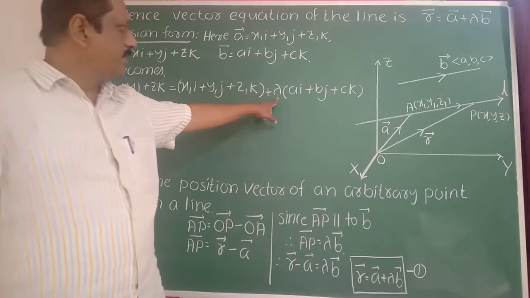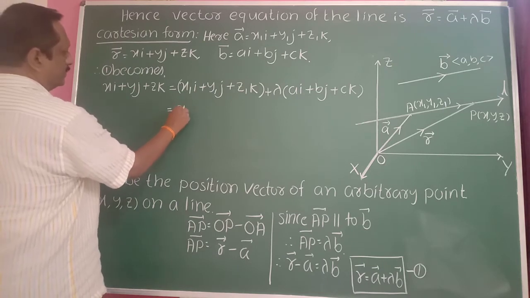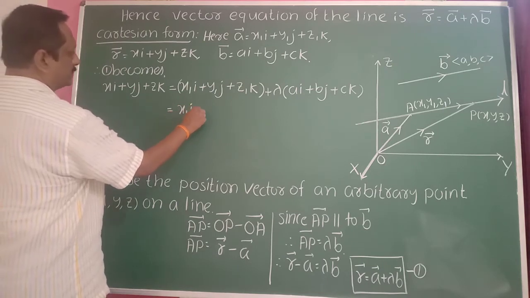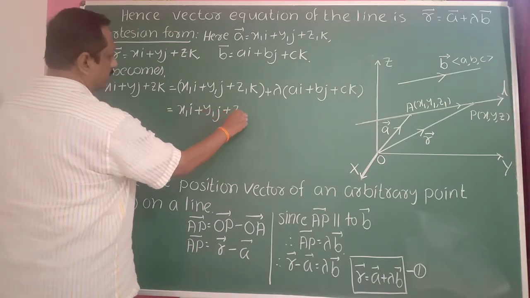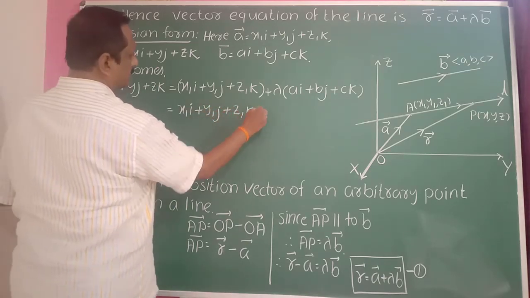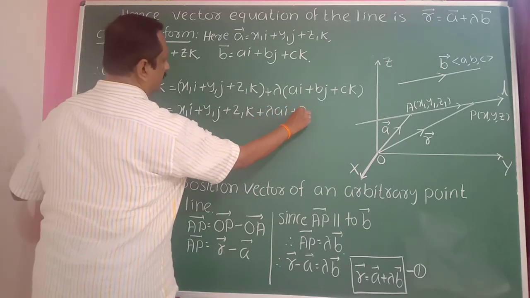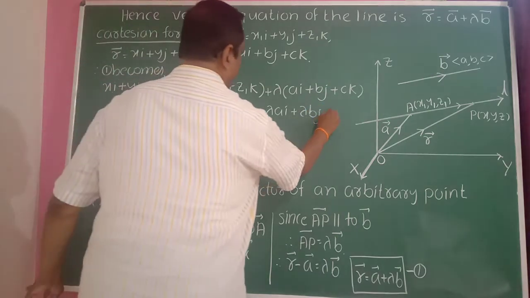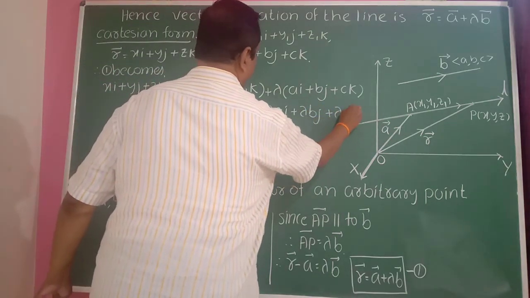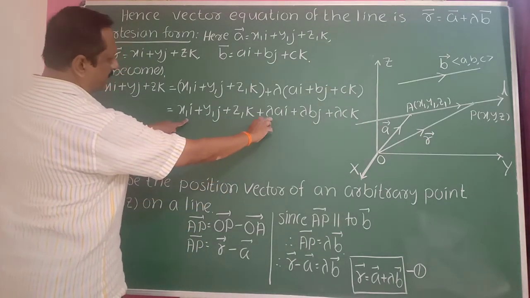Take this lambda inside the bracket, so this is equal to x1 i plus y1 j plus z1 k plus lambda a i plus lambda b j plus lambda c k.